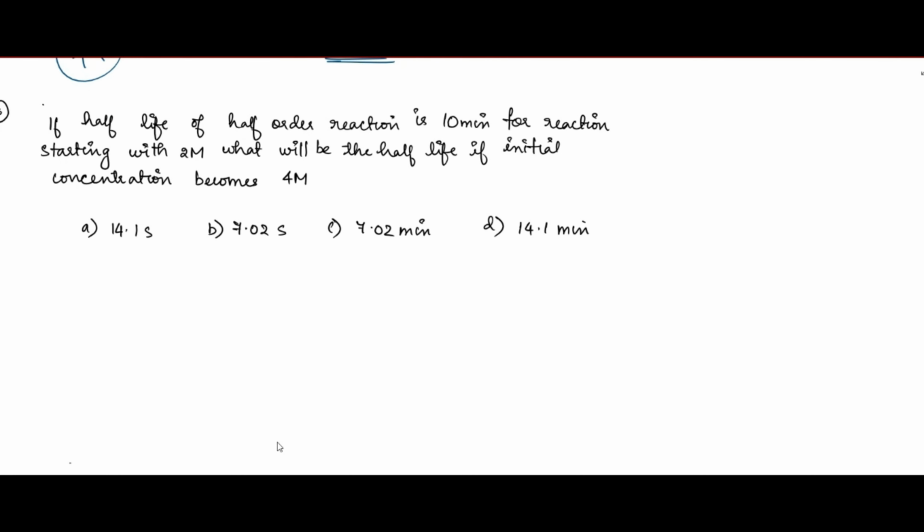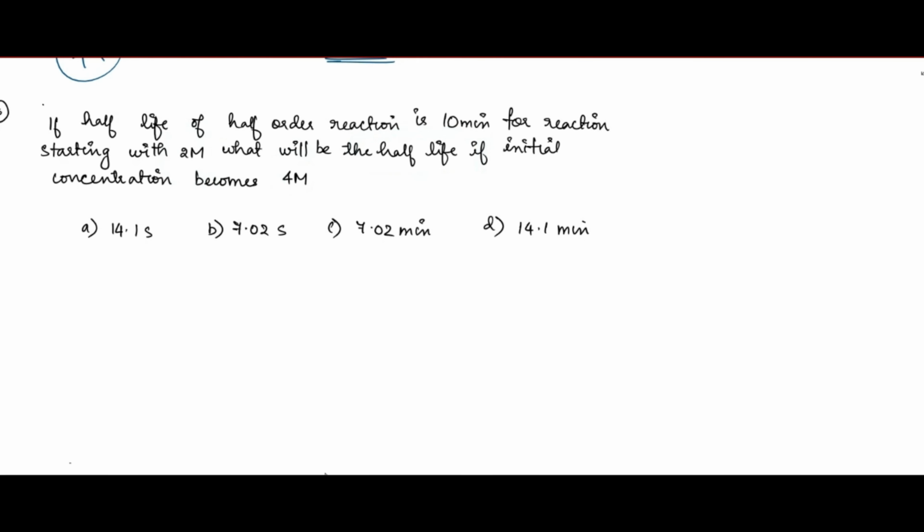So the question is, if the half-life of a half order reaction is 10 minutes, and the initial concentration is 2 molar, what would be the half-life if the concentration becomes 4 molar?